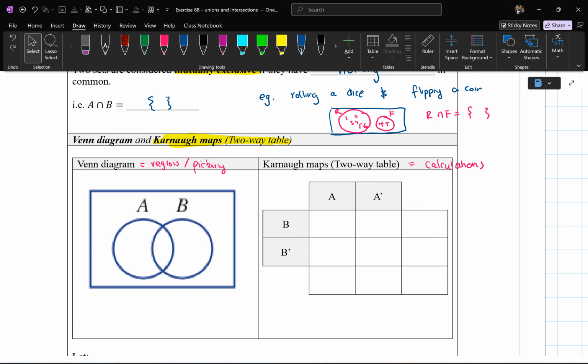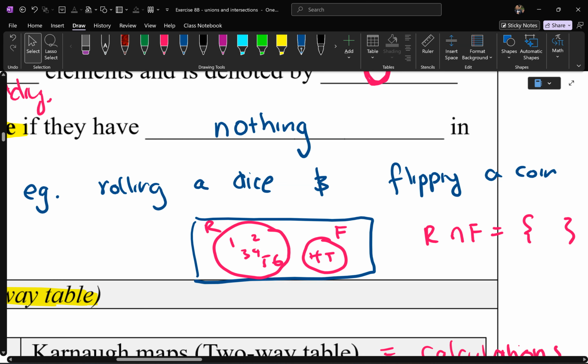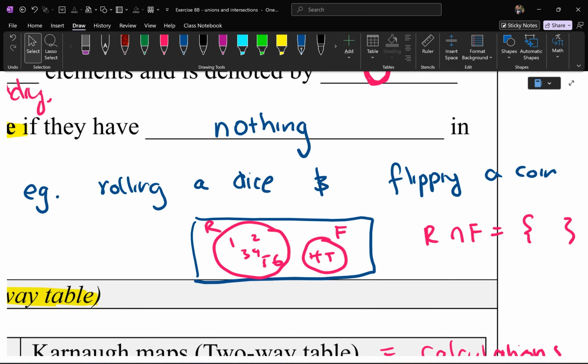If I would explain to you, I usually use a Venn diagram, just like I have been so far, rather than a two-way table. But if I teach you to solve a problem, you'll notice that I'll use two-way tables more because it's easier to calculate, but it's not easier to understand because you don't see the picture. In that example, I could have done that with a two-way table, but it would have been harder for you to understand. With a picture, it makes more sense.